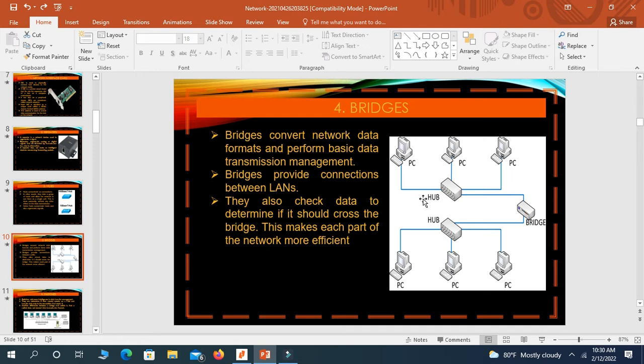Next up we have bridges. As you can see here, these three PCs are first connected to a hub, then this hub is connected to a bridge, then this bridge is connected to another hub, and that hub is connected to three other PCs. So this is the working principle of a bridge. Bridges convert network data formats and perform basic data transmission management. So why is it being used?